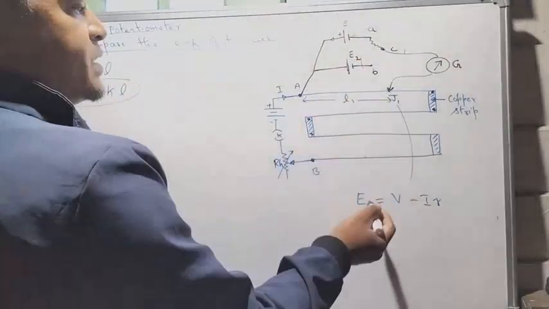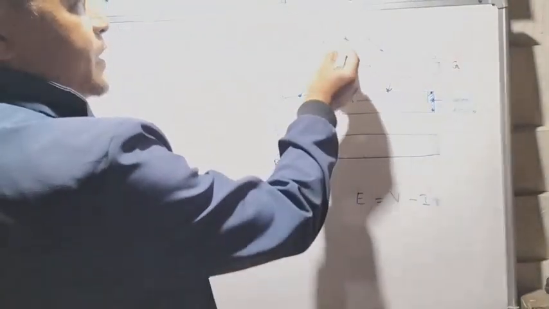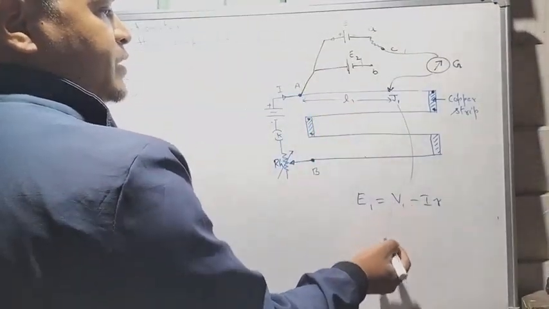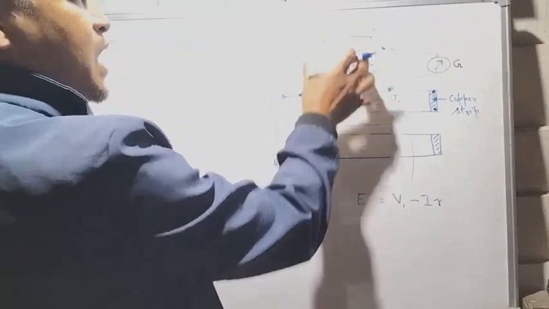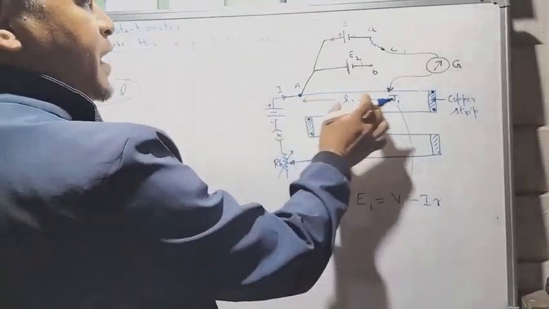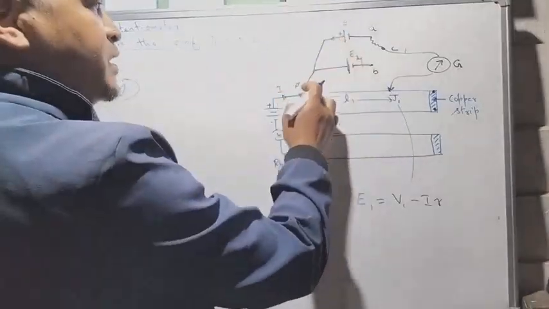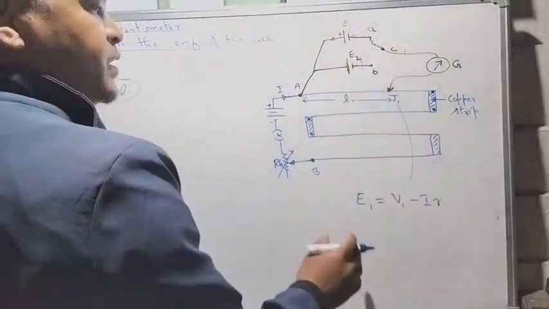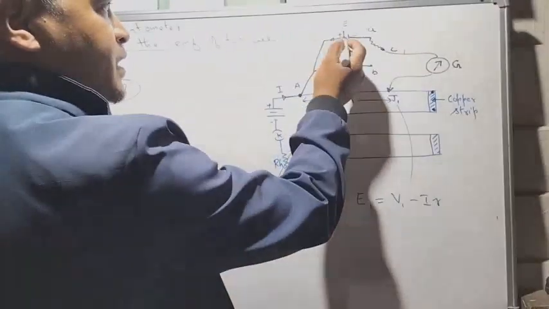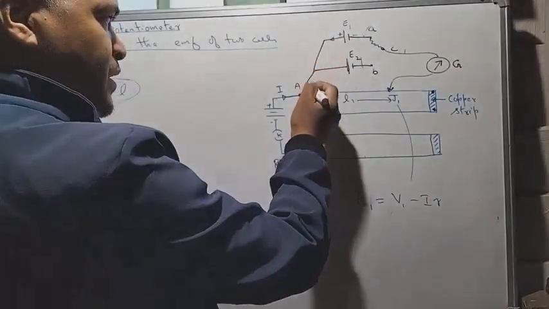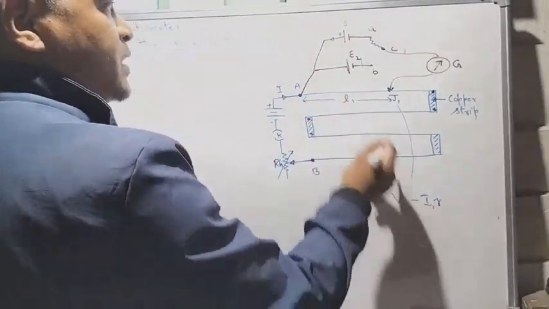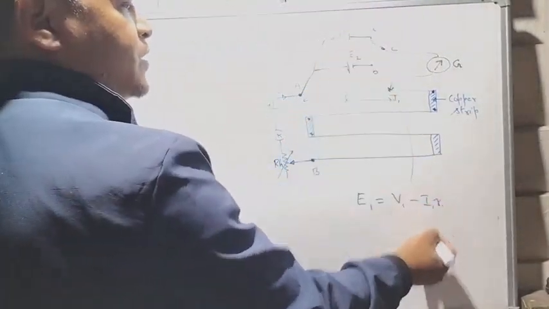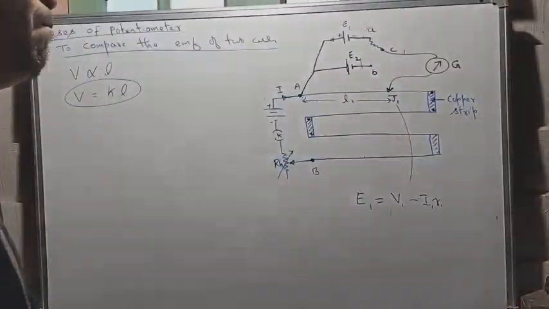This E is the EMF of this cell, that is E1 in this case, and this V is the potential difference across the two points A and J1 when the current is sent by the cell E1 only. And this I is the current produced by the cell E1, so that will be I1. And this small r here is the internal resistance of the cell E1.